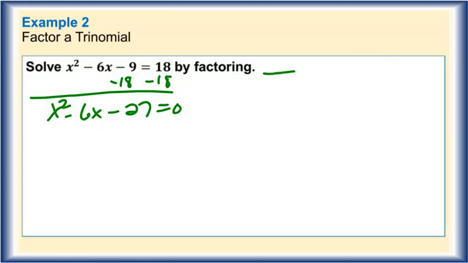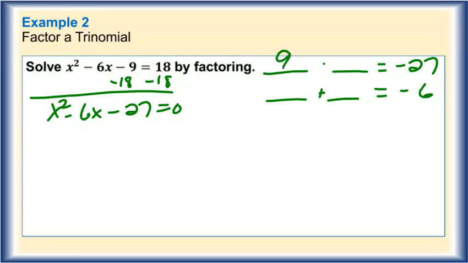So now I have to think, what do I multiply to get -27? If I take those same two numbers and add them together, it gives me -6. So I know that 9 and 3 give me 27. I know the difference of 9 and 3 will give me 6.